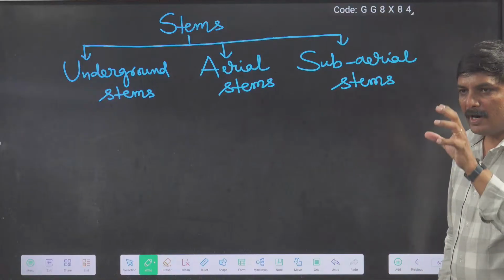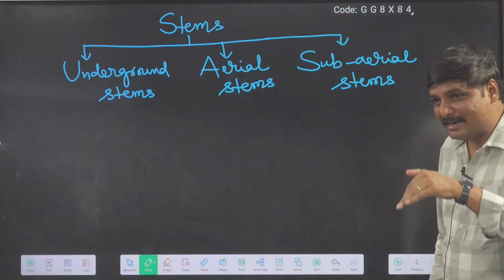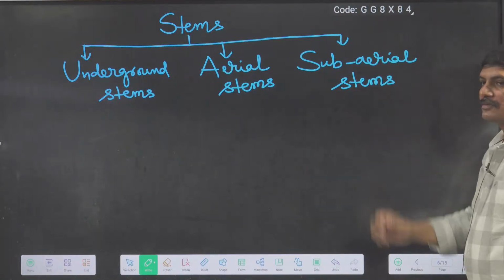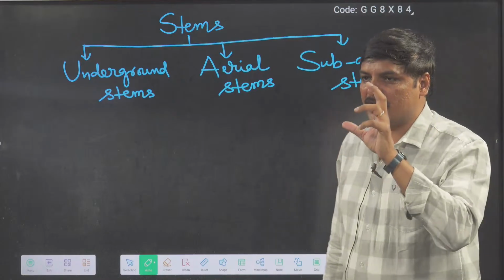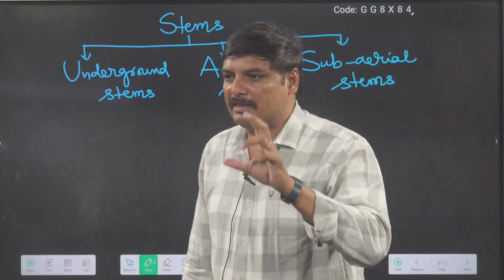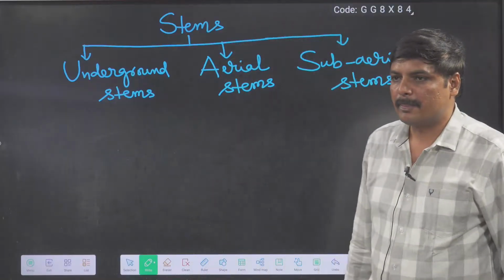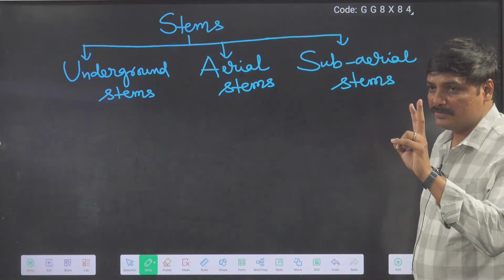If part of the stem is aerial and part of the stem is underground, such stems are called subaerial stems. So there are three types of stems.